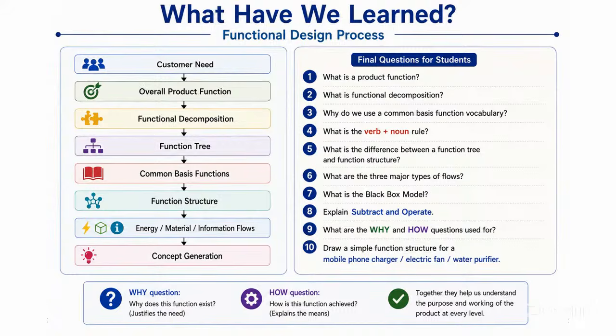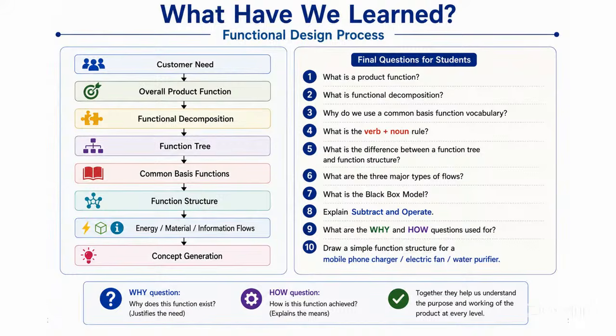So we are not going to go with component specific discussion. We'll discuss in terms of the function, that is verb plus noun. Then what is the difference between function tree and function structure was discussed. Then we saw three major flows, that is information, then material, then energy. These three types of flows we discussed with different examples.